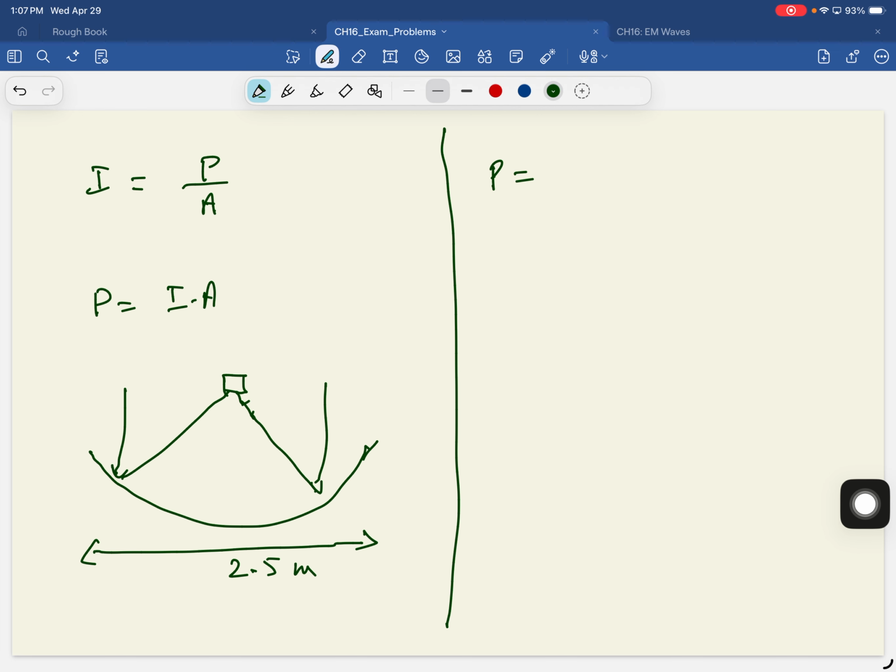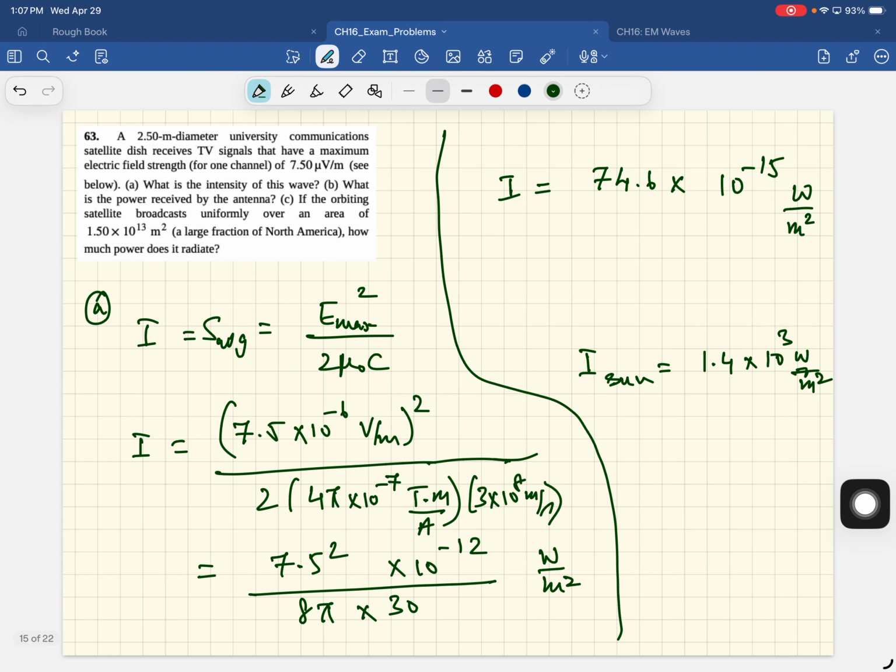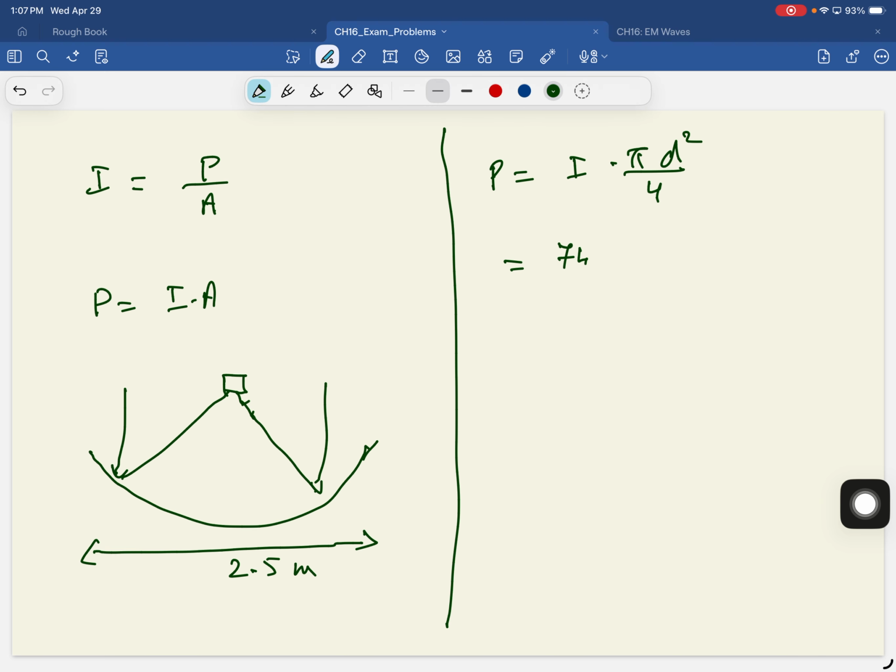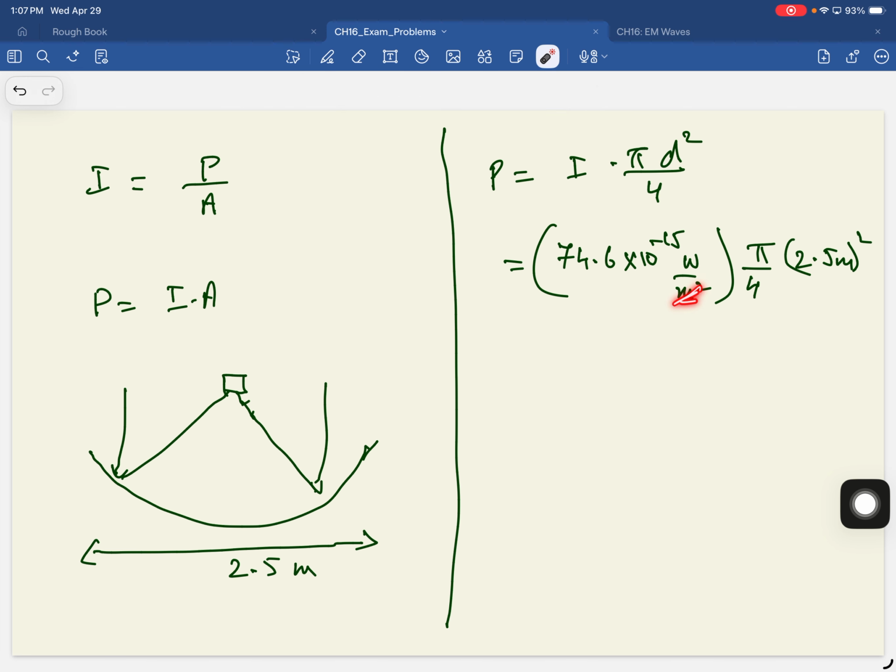So the power received by the antenna is intensity times pi d squared by 4. We just calculated the intensity. The intensity was 74.6 into 10 to the minus 15 watts per meter square, times pi by 4 times 2.5 meters squared. So the meter squared will cancel, and you'll get that in watts.